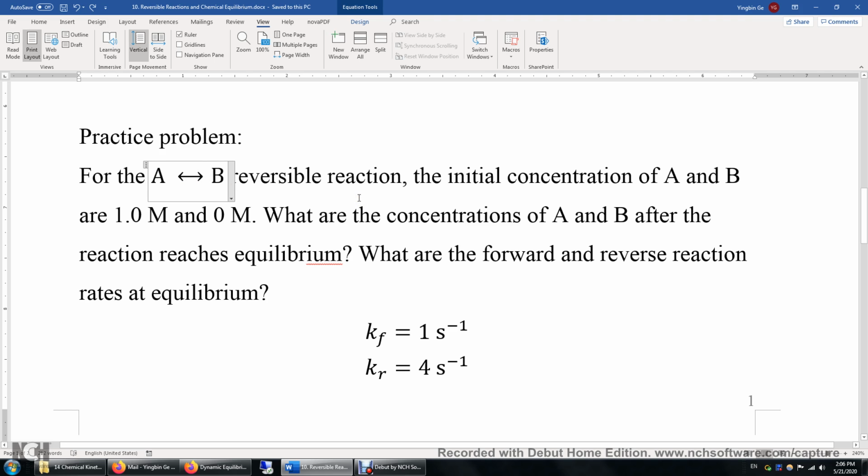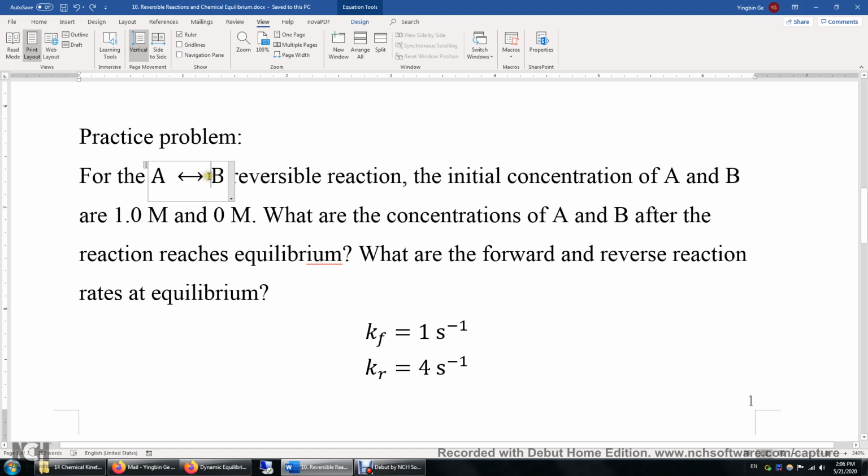The sum of the concentrations of A and B never changes during the reaction. So at the beginning of the reaction, the sum is 1.0, and then throughout the entire reaction period, the sum of the concentrations of A and B should always be 1.0 molar, right?